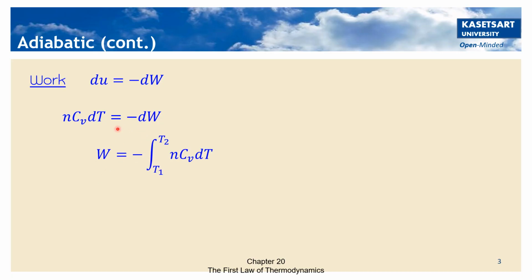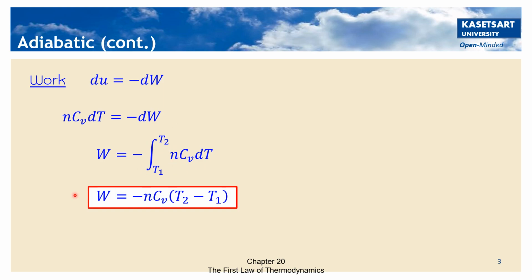Then we can integrate this equation as W equal to minus the integral from T1 to T2 of nCv dT. Then we have work W equal to minus nCv times (T2 minus T1).